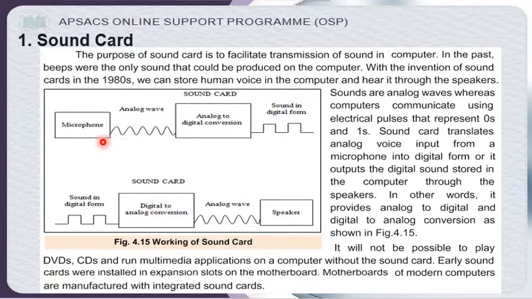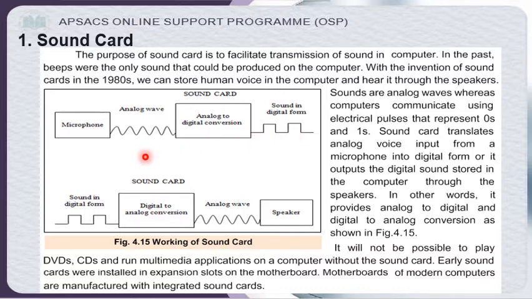Same with the sound coming from a microphone, which is in analog form. It gets inside through the sound card, and the sound card converts it to digital form, in the form of zeros and ones, and that is stored inside your computer. Same procedure when you are hearing a sound.